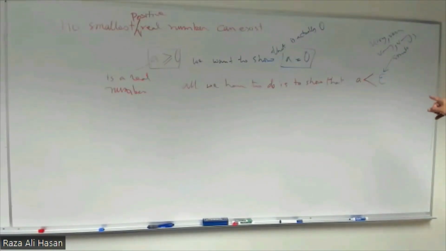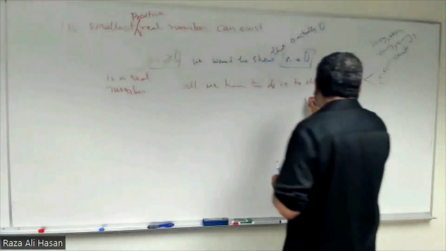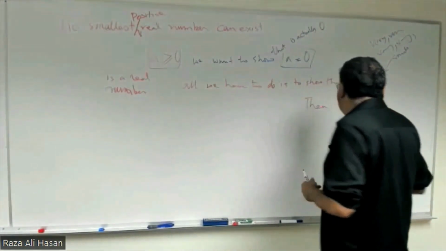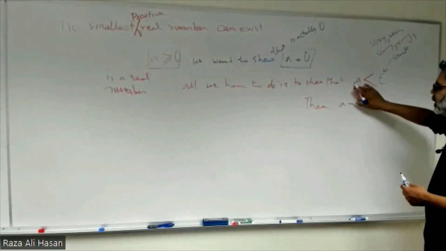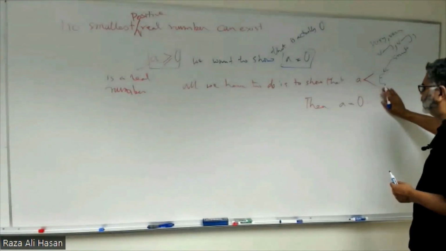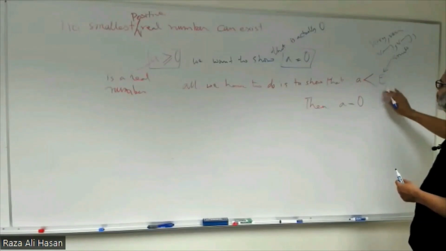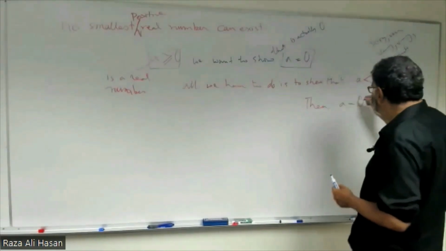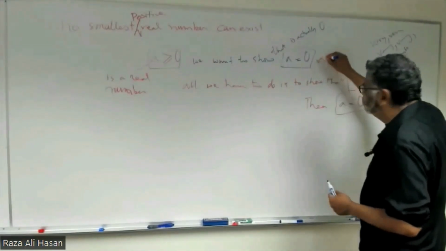If you can do that, then A equals 0. All you have to do is show that A is less than another very small positive number, and that will imply that A is actually equal to 0.